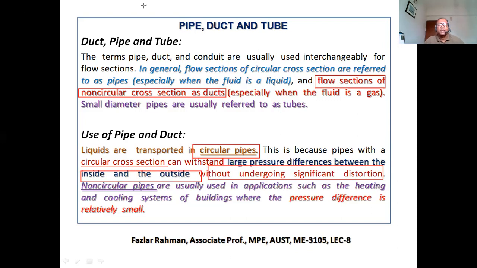That means when you carry natural gas from Kumulia to Dhaka in a circular cross section, why?